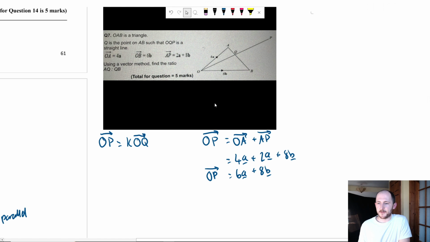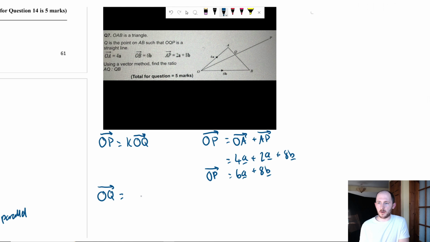Now I need to work out something for OQ. Good. Perfect. My brackets kept it being impossible. Okay, cool. This is actually really similar to the question we did earlier, if you think about it. So first of all, I need to work out OQ. That's the other thing I need to work out.